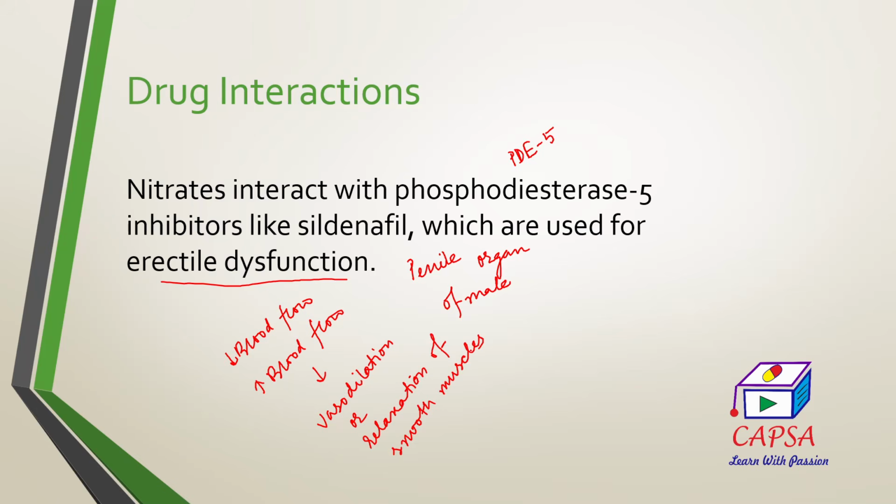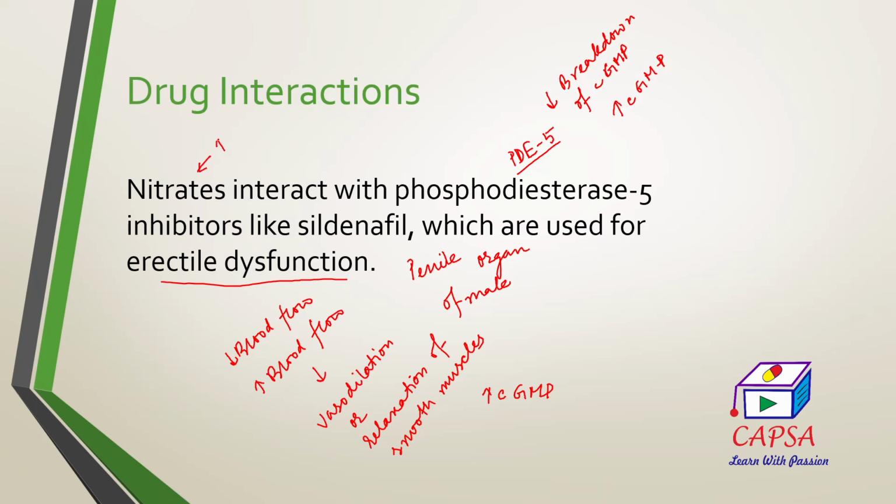To do vasodilation or relaxation of smooth muscle, there must be an increase in the cyclic GMP. If the cyclic GMP level increases, then vasodilation or relaxation of smooth muscles happens. So PDE5 inhibitors or phosphodiesterase 5 inhibitors cause decreased breakdown of cyclic GMP. As a result, the cyclic GMP level increases.